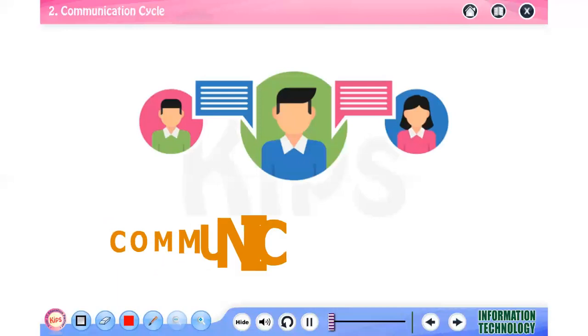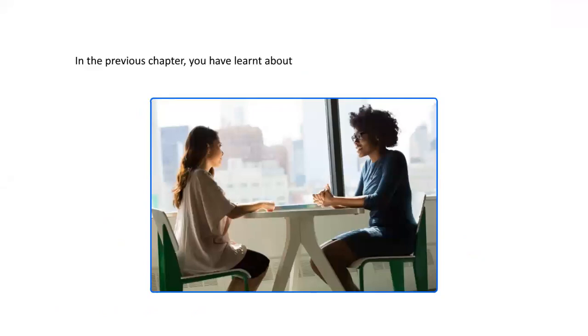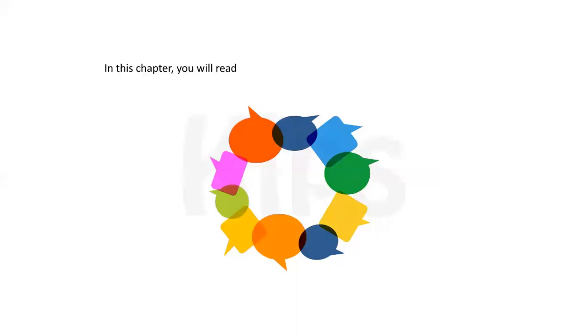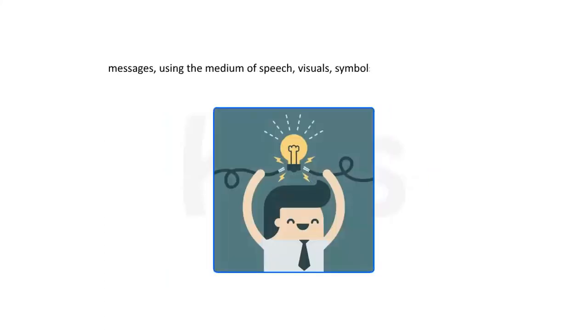Hello students, today we are going to learn about the communication cycle. In the previous chapter you have learned about communication and its types and how it plays a significant role in one's professional career. In this chapter you will read about the communication cycle and its importance. As you know, communication is a process of sharing information between two or more people through an exchange of thoughts, messages, using the medium of speech, visuals, symbols, writing, or behavior.